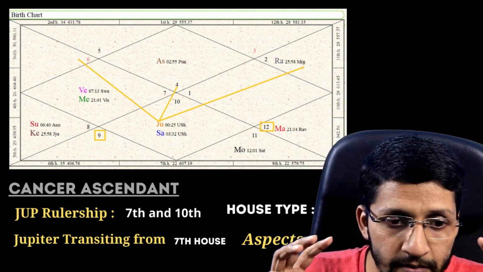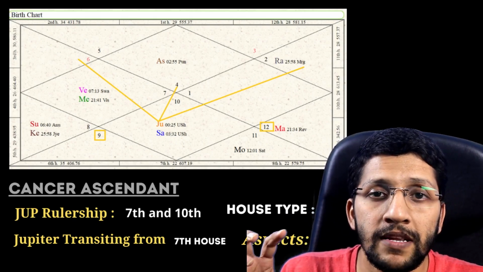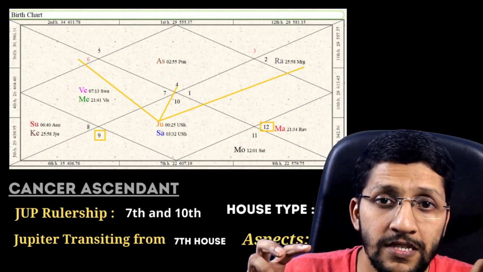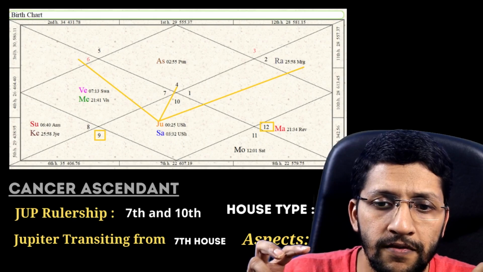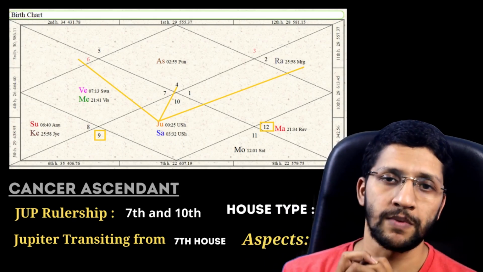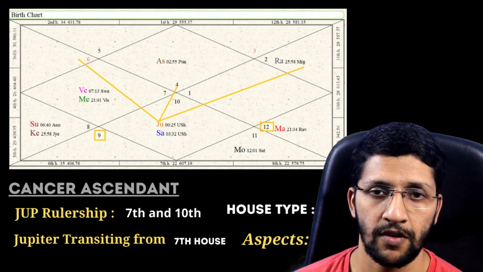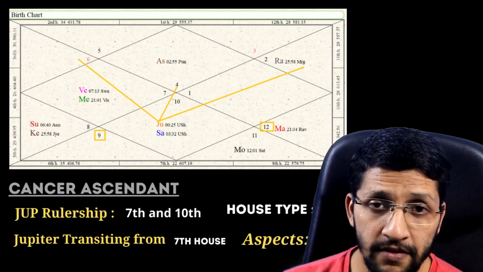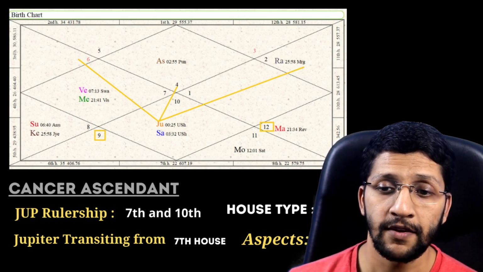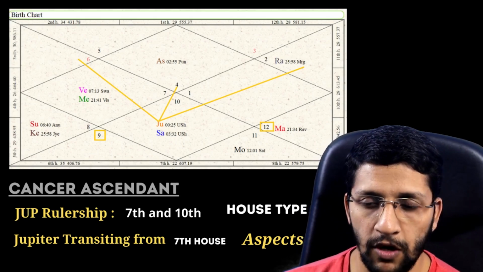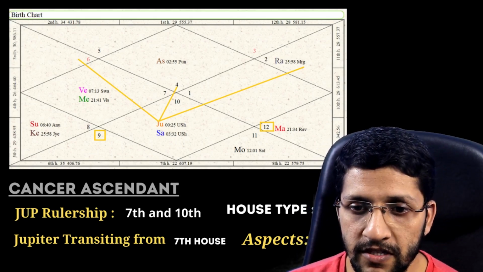But when it comes to relationships, it can be a little challenging for you, because now see, the 6th lord Jupiter and the 8th lord Saturn are conjunct in the 7th house. So when it comes to relationships, you have to be careful and avoid any kind of arguments. This seems challenging.